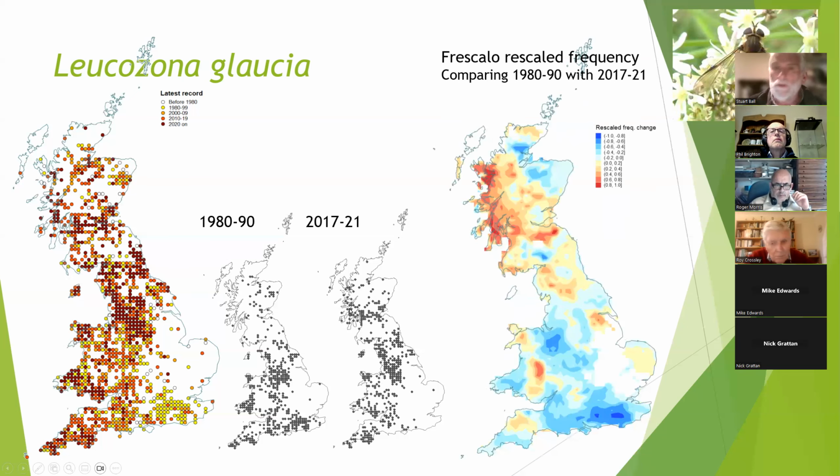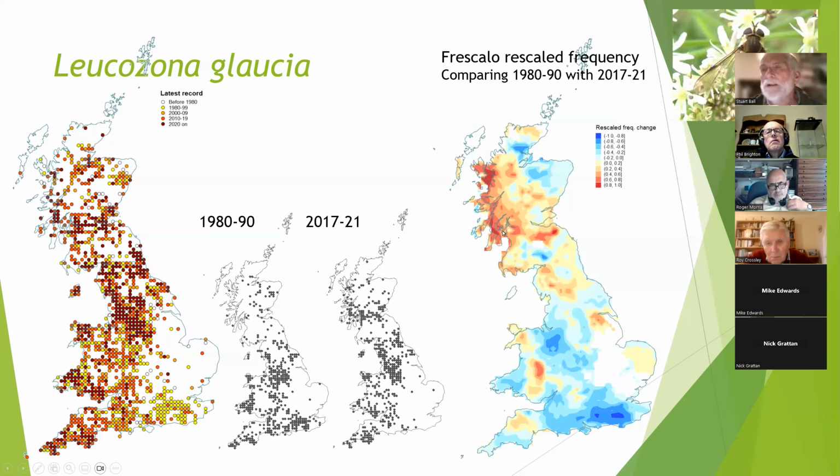So if we look at this rescaled frequency, hopefully corrected for recording effort, and we compare what happened in 1980 to 90 with 2017 to 2021. What I'm showing here is the difference in this rescaled frequency between these two periods.